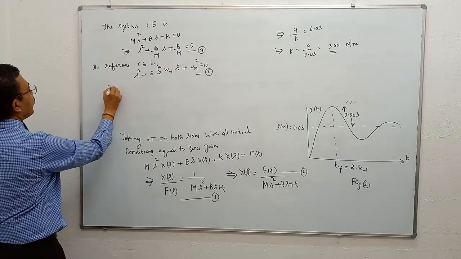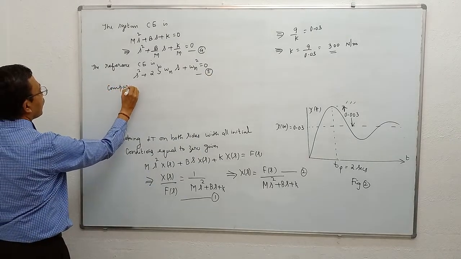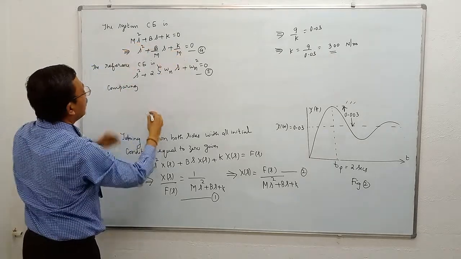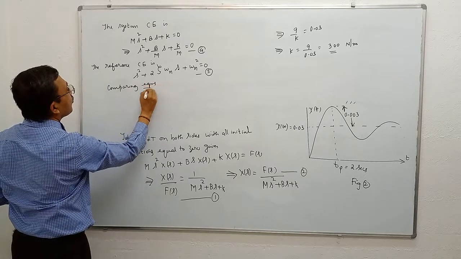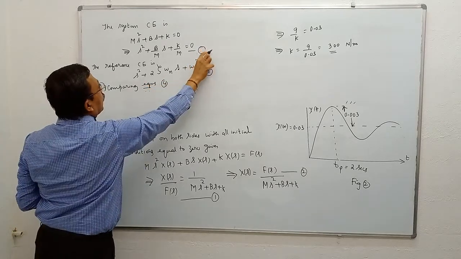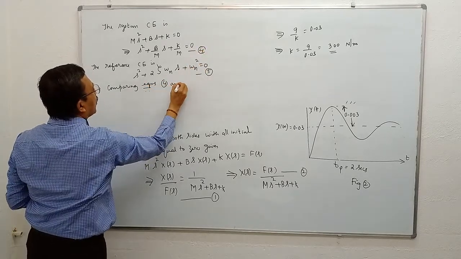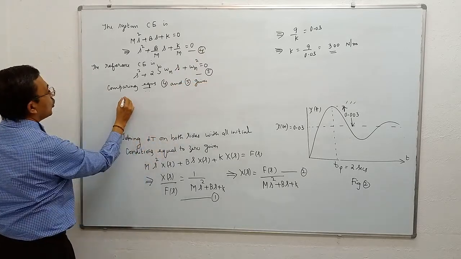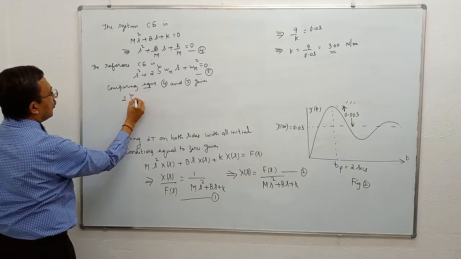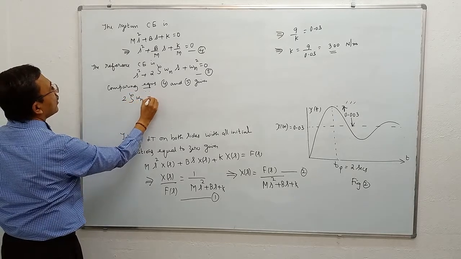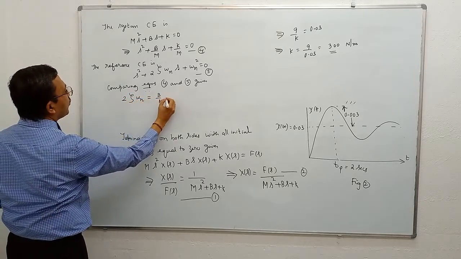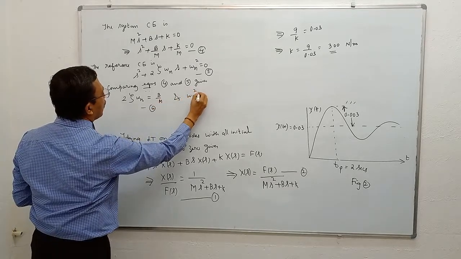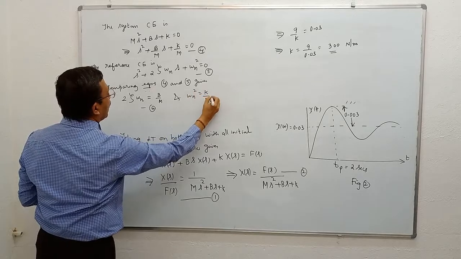Comparing these two equations gives 2 times zeta into omega n is equal to b by m. This I call equation 6, and omega n square is equal to k by m, equation 7.